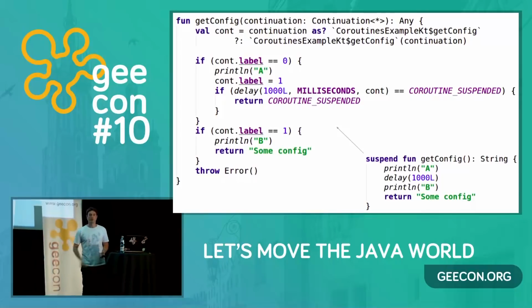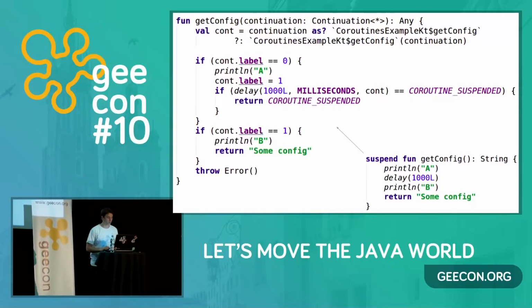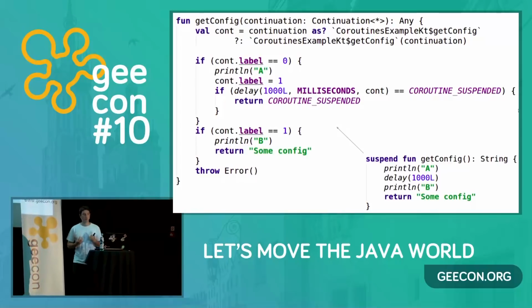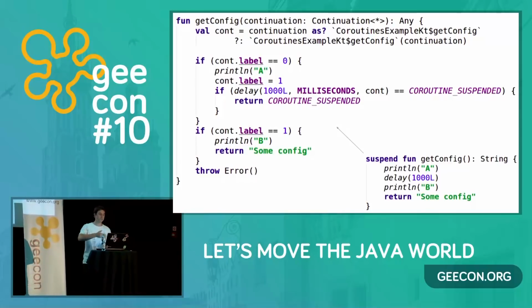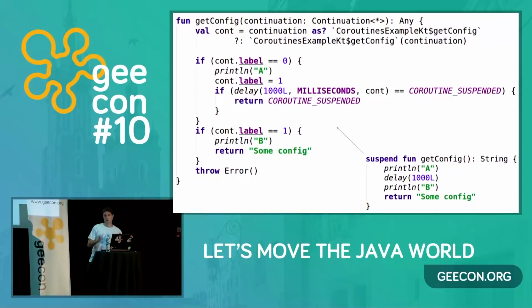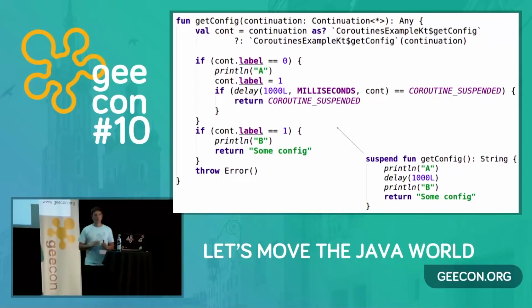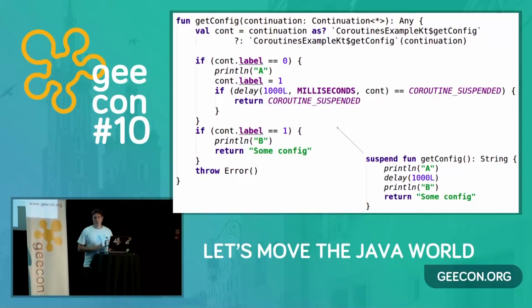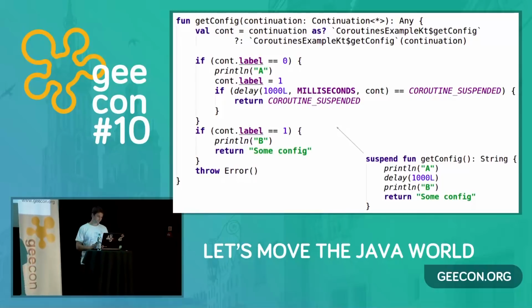It's an extra argument that is generated under the hood. As a next step, it packs this continuation to make its own particular continuation. This CoroutinesExample.kt getConfig is a special class generated for this single function. Every single suspending function has its own class generated during compilation time.